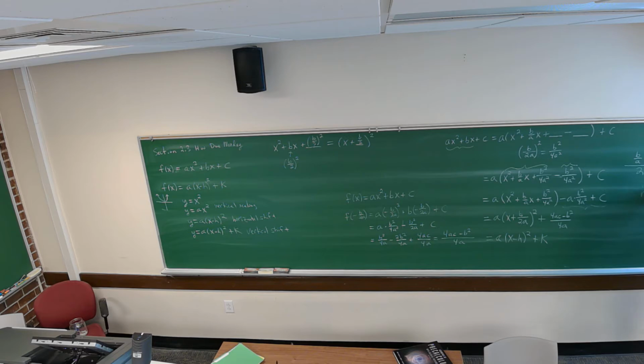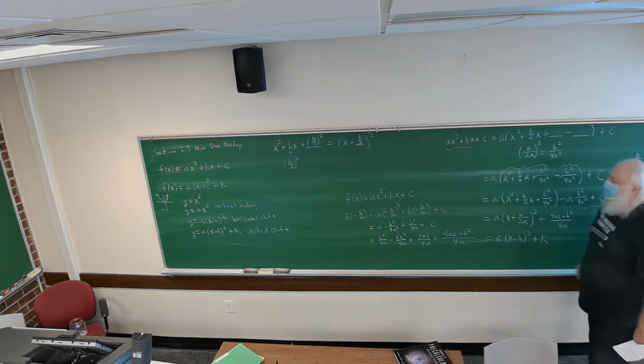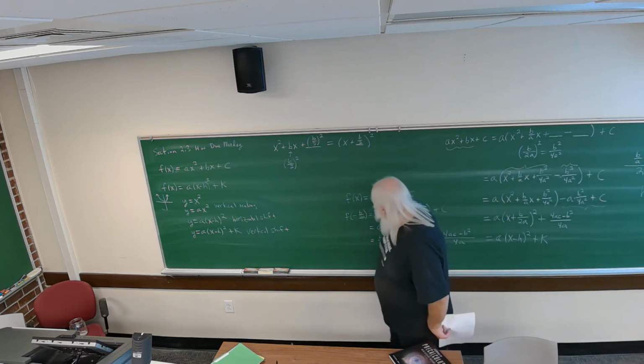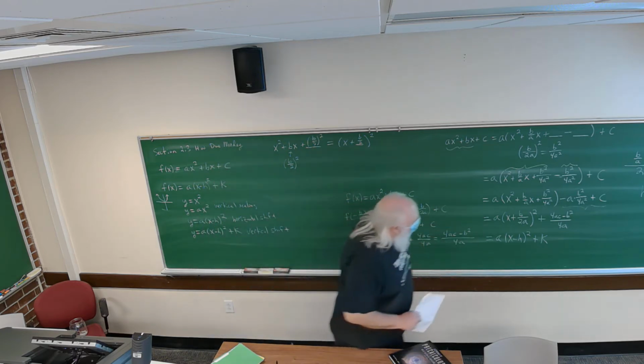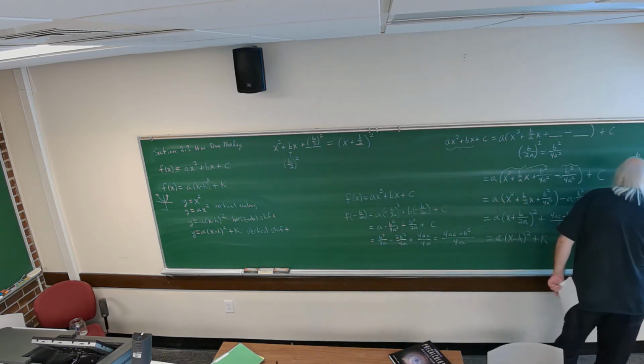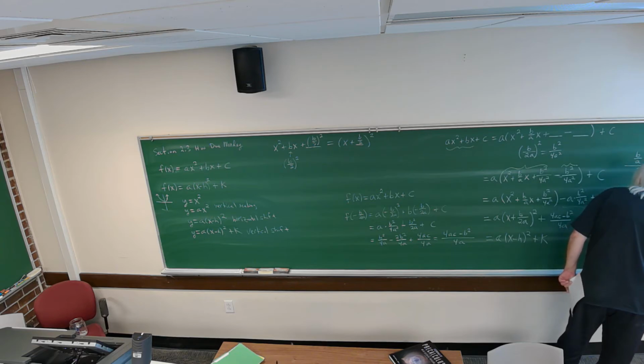H is equal to negative b over 2a, and k is equal to 4ac minus b squared over 4a. That is consistent, right? Remember the vertex is at (h, k).